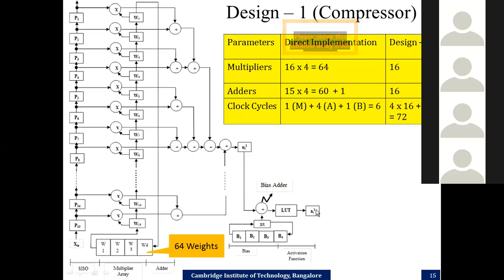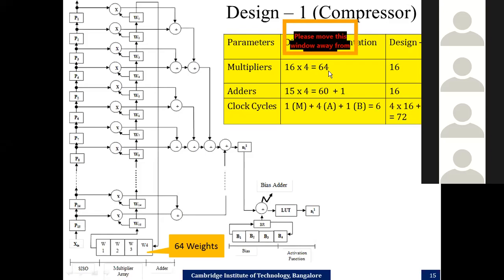If you look at the structure here, we are trying to reduce the number of multipliers required to implement the neurons of the hidden layer. Compared to the first design, in this design you need only 16 multipliers, but in the first design you need 64 multipliers.